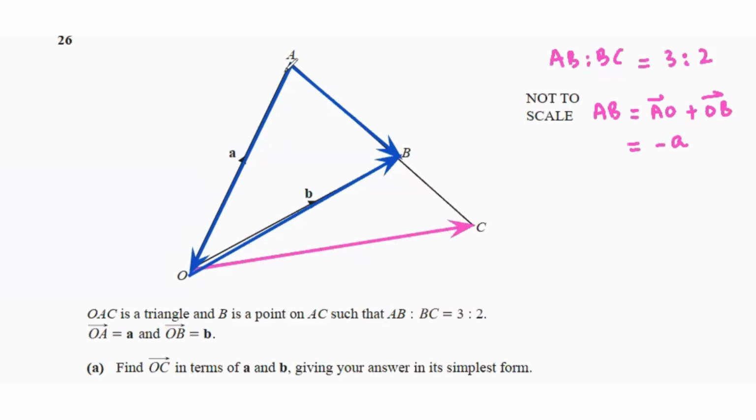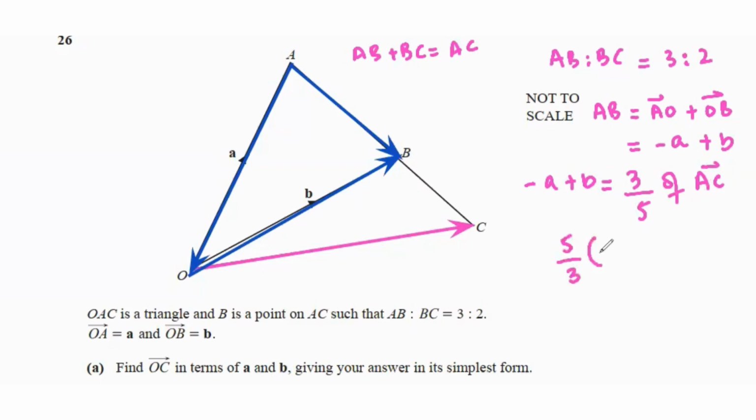OA was A, AO would be negative A plus B, which means negative A plus B equals 3/5 of AC, because if we add AB and BC, that's basically AC. So AC would be 5/3 of negative A plus B. That is your AC.